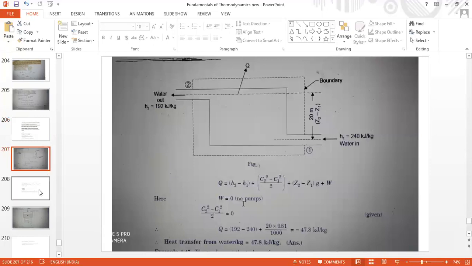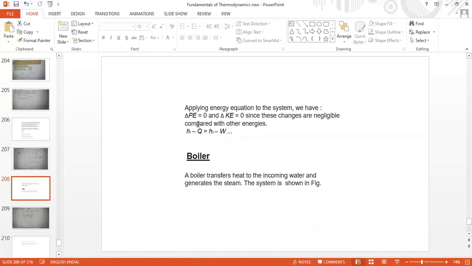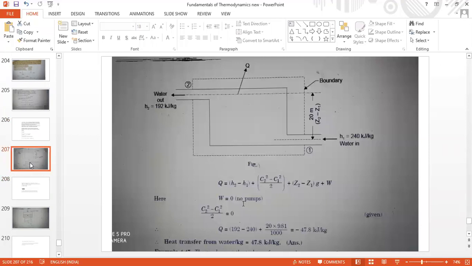Then we apply the steady flow energy equation for a boiler and some heat exchangers.